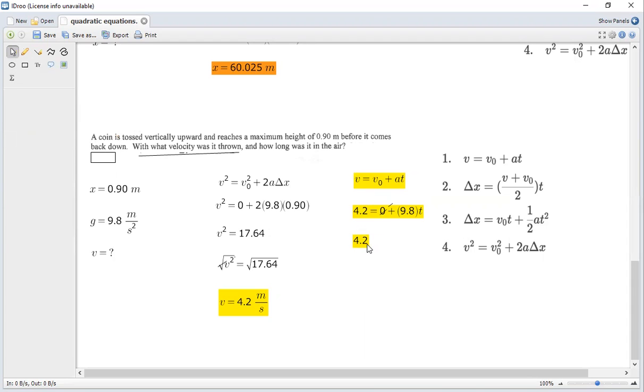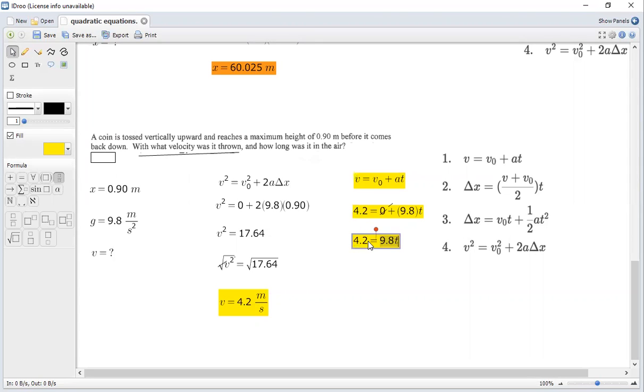So you will have 4.2 equals 9.8 t. By what number do we need to divide both sides? 9.8. Yes, 4.2 divided by 9.8 here, and on the other side, we do the same, 9.8 over 9.8. And here we have t.